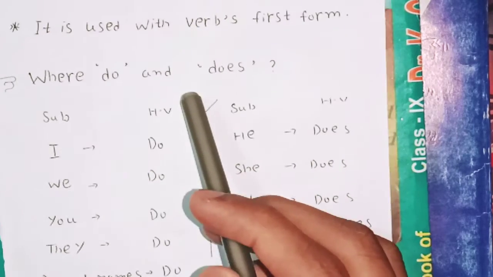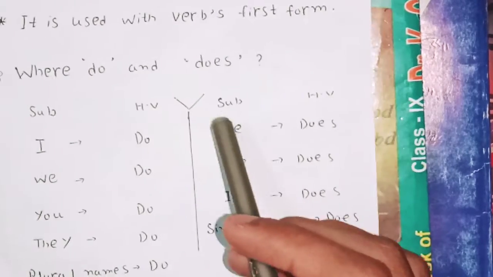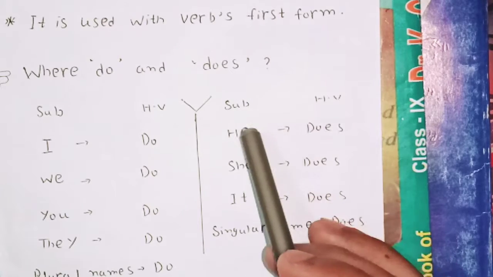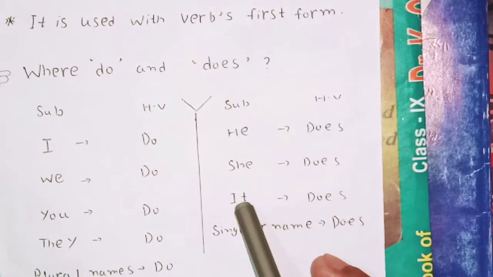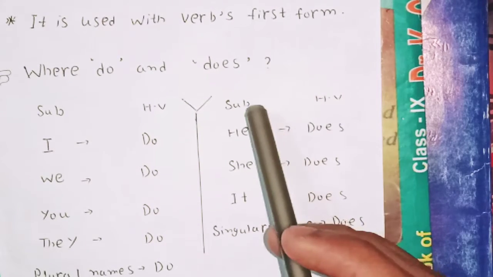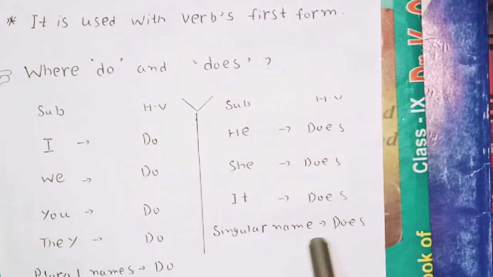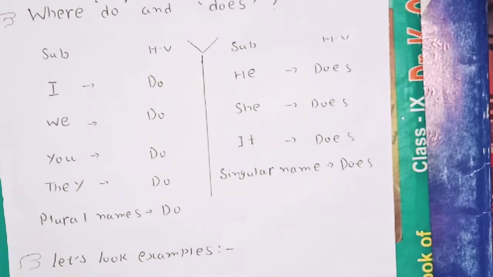Now, where do we use does? Please look here as well. We use does with he, she, it and similar singular subjects.